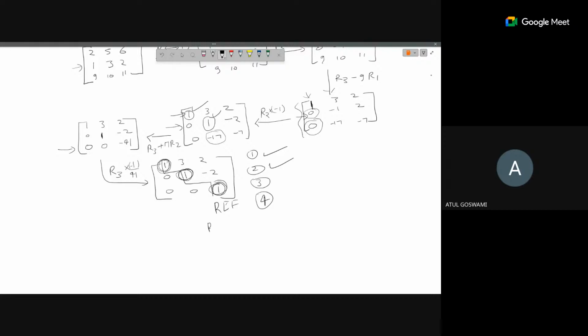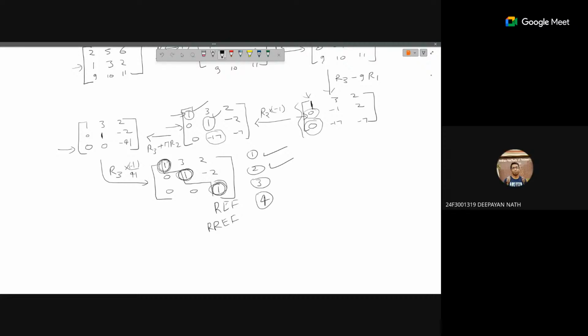Now, what is reduced row echelon form? RREF. For this, every leading entry column should have all the values zero other than the leading entry. In the last matrix we have done that: second column, first row and third column, first row, there is 3, 2 and -1.